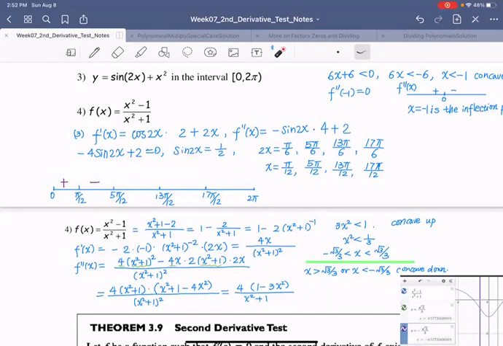And then let's see over here. When your x is going to go beyond this point, if x is bigger than 5 pi over 12, then your 2x will be bigger than 5 pi over 6.